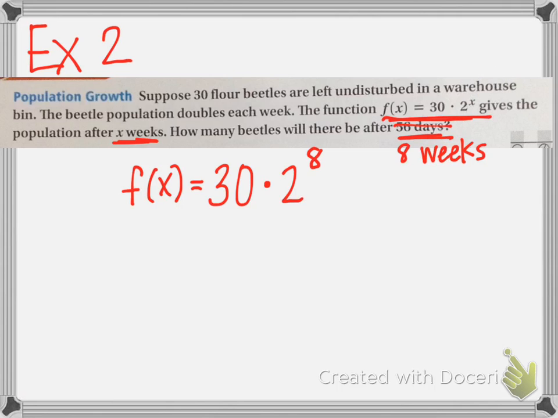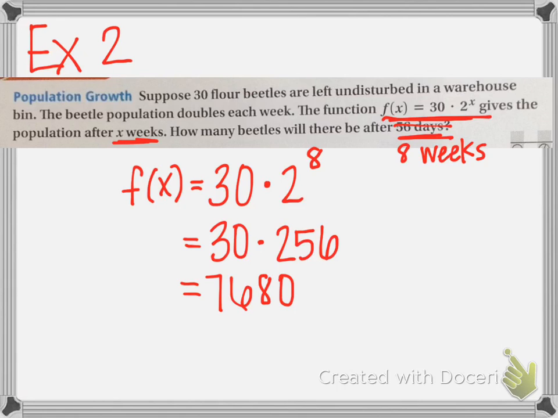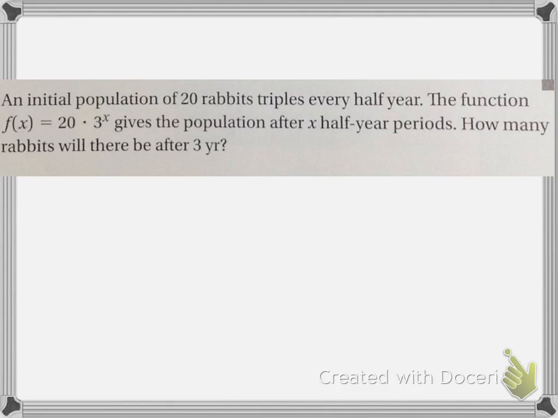And now you just do the order of operations. Exponent first. So that's going to be 30 times 256. And then multiply it by 30. So 7,680. And that's how many they'd have after 8 weeks. Gross. Okay. Got it, number 3.